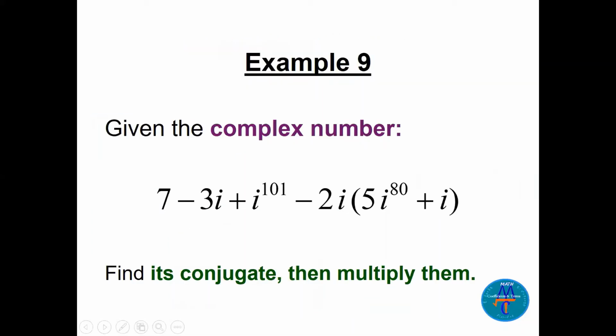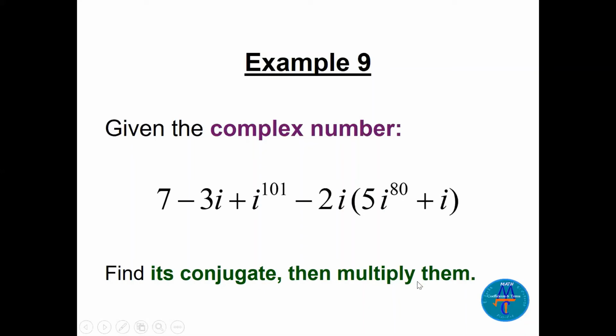Now, let's look at a nice example here. See, we have the powers inside the questions. Given the complex number here, see, look at this, all of it is one number here. Find its conjugate. Then multiply them. So this is a complex number here, and the conjugate will be another complex number.